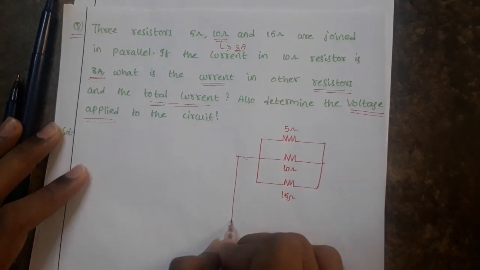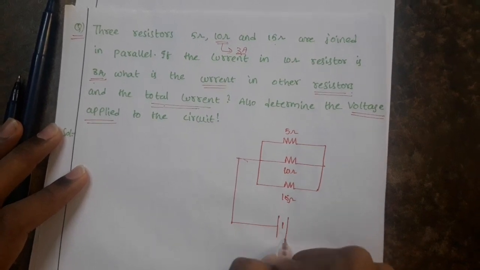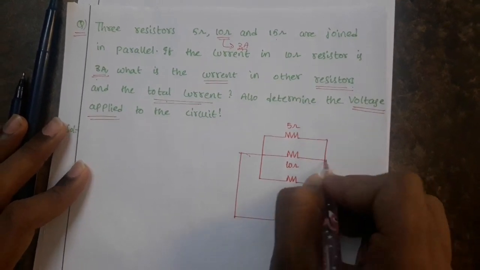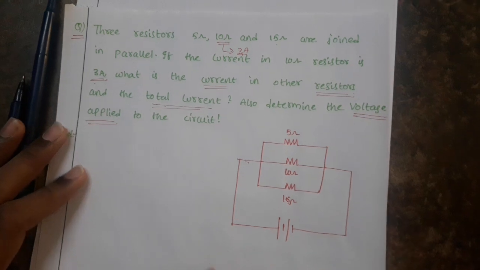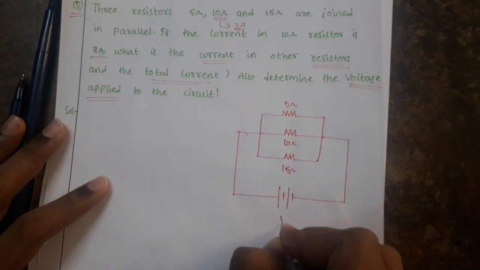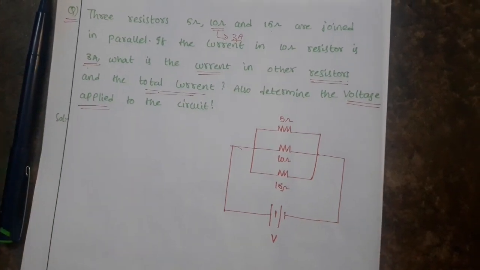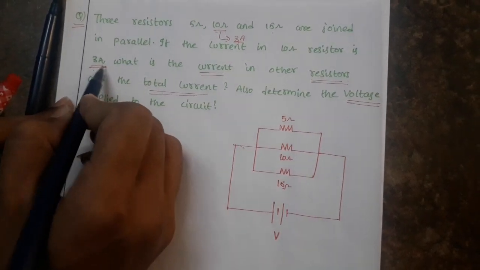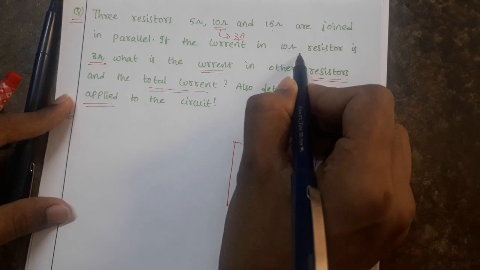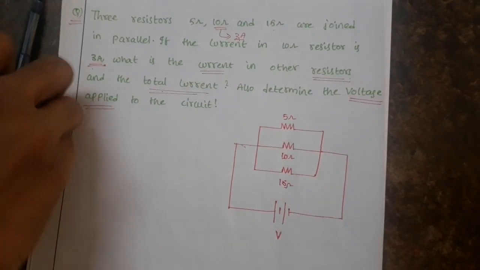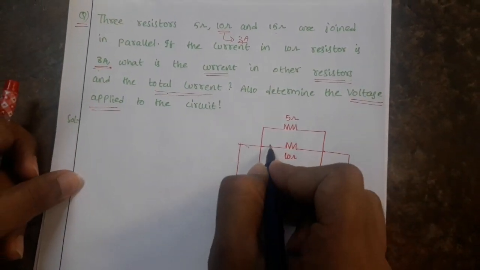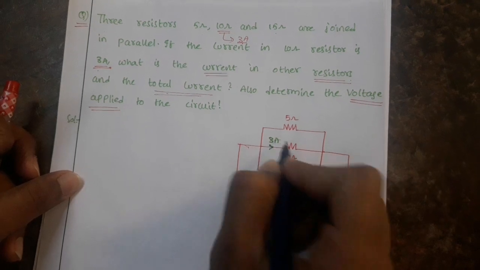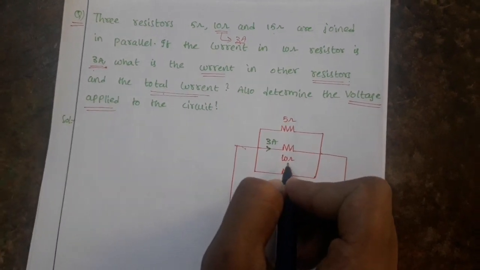These are connected in parallel and the voltage is applied across it. Let me take the voltage as V volts and they have given the current of 3 amperes flowing through the 10 ohm resistor. So the current is 3 amperes through the 10 ohm resistor.